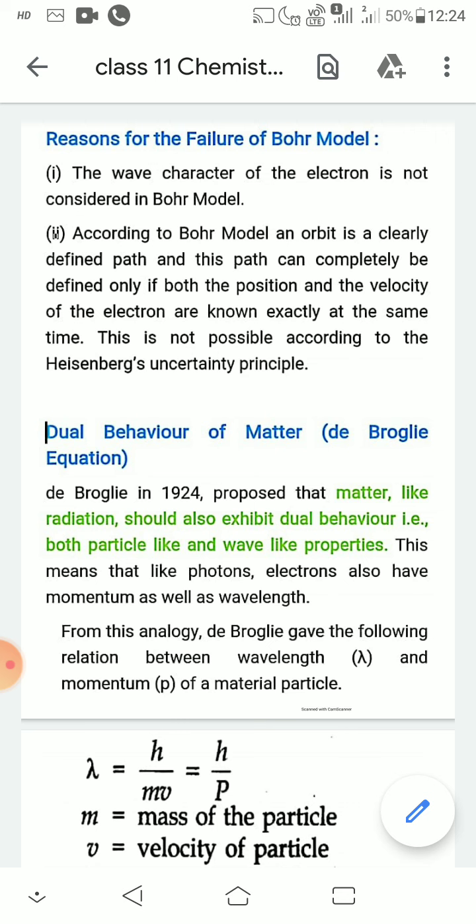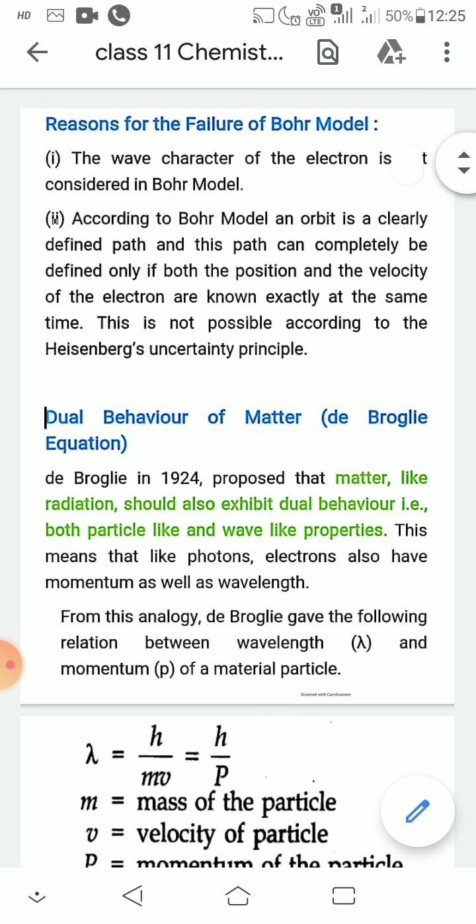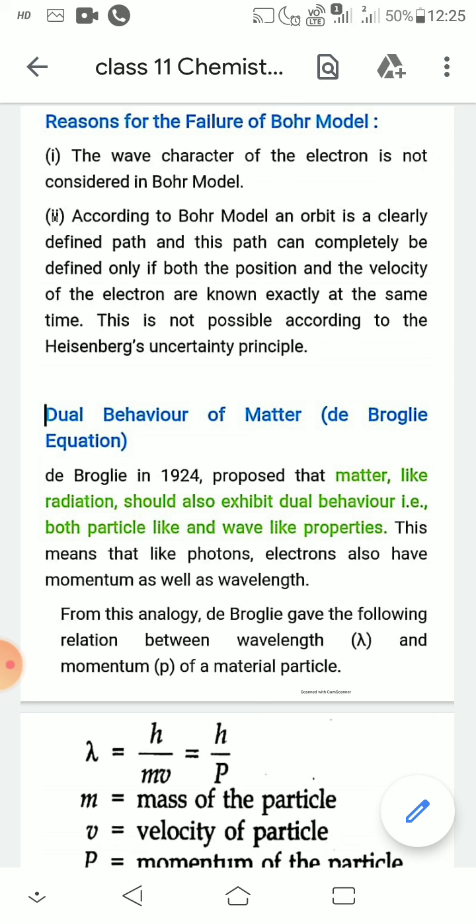And second point, according to Bohr's atomic model, an orbit is a clearly defined path, and this path can completely be defined only if both the position and velocity of the electron are known exactly at the same time.